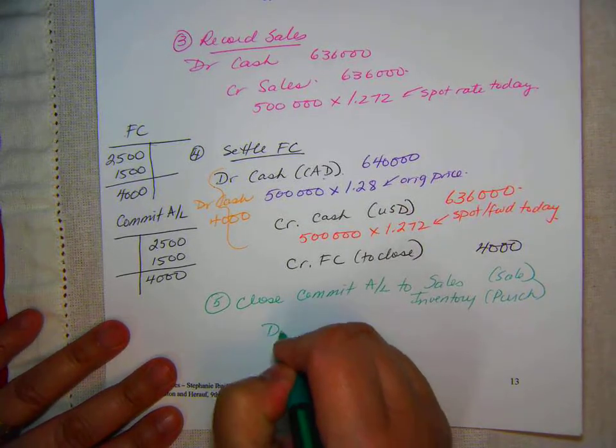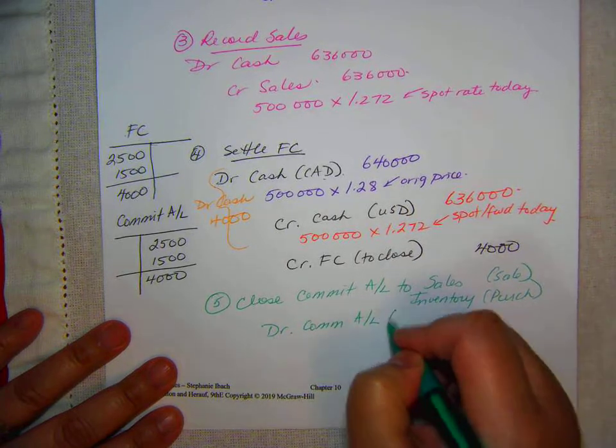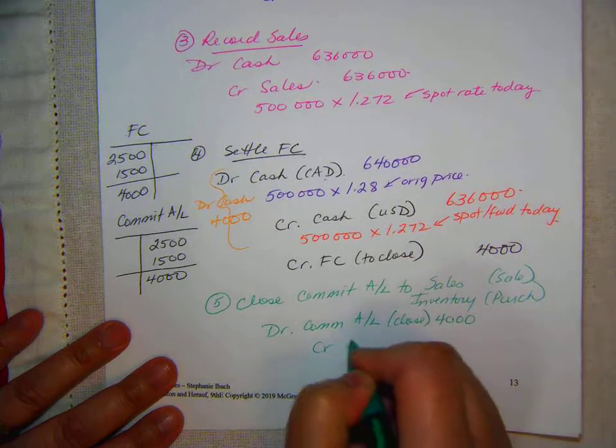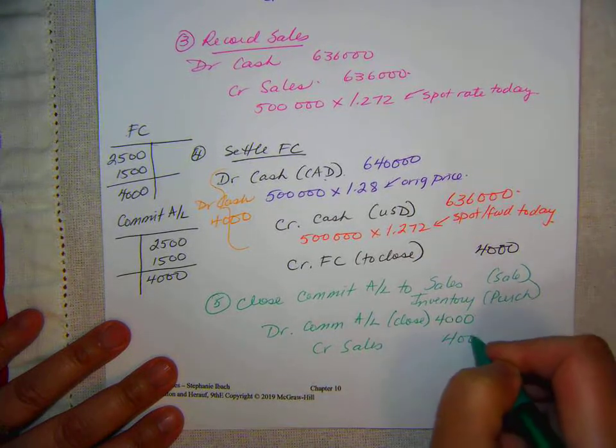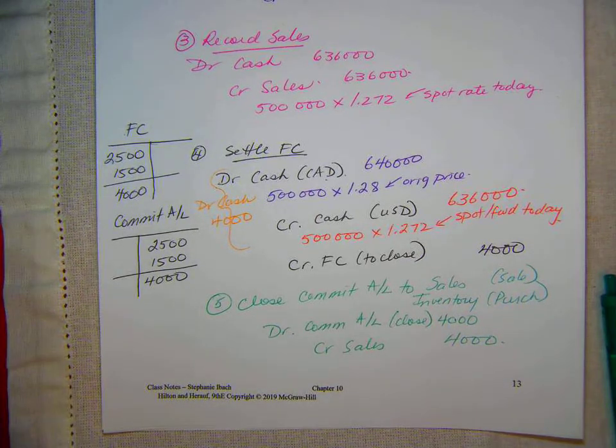So we're going to debit commitment asset liability to close for 4,000 and credit sales for 4,000. And that is the fair value hedge.